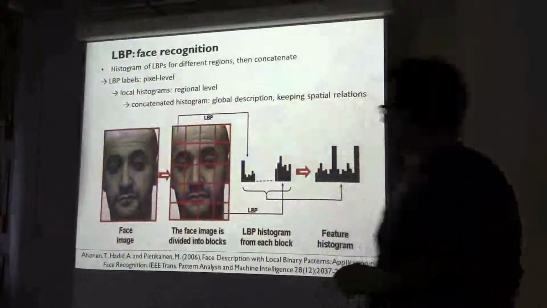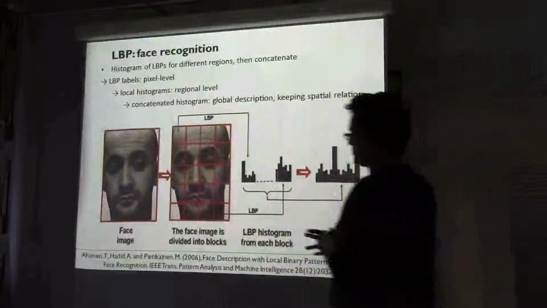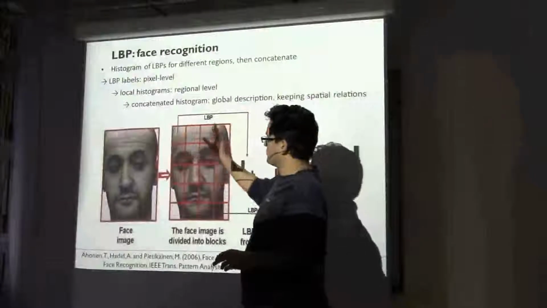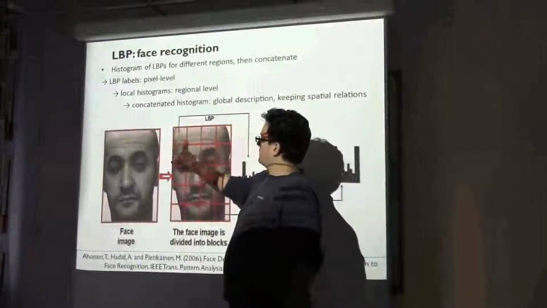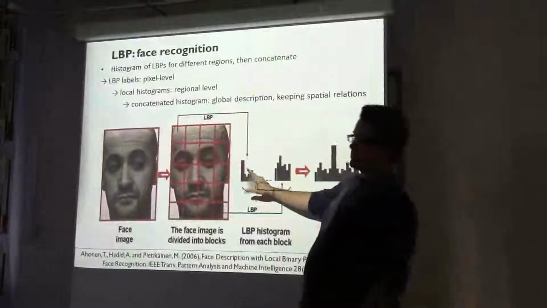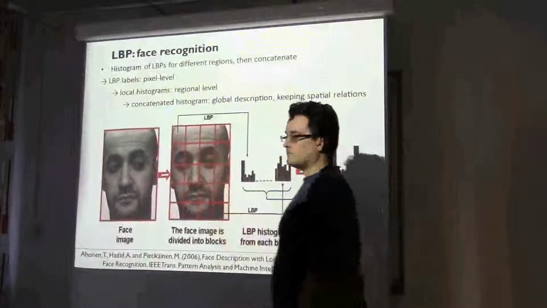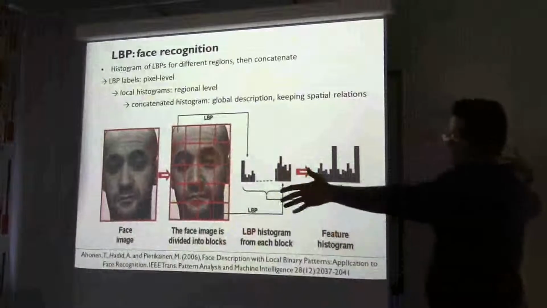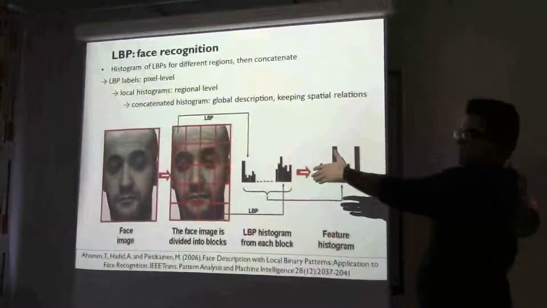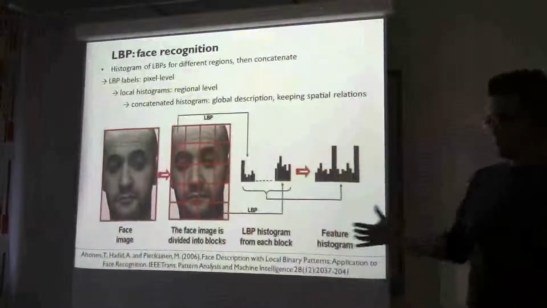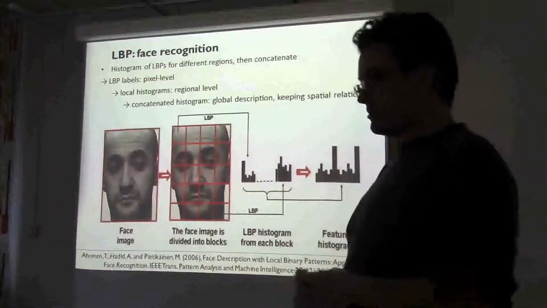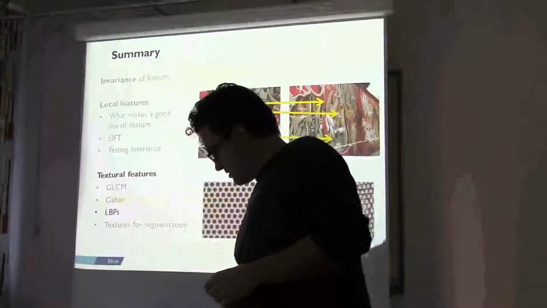For instance, it's used in face recognition, but applied to windows. So you get the LBP histogram in each window, and then concatenate the histograms of all the windows. You get a big feature vector for the face, and then with a new face, you just compare the feature vectors.